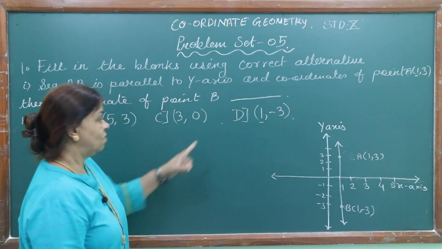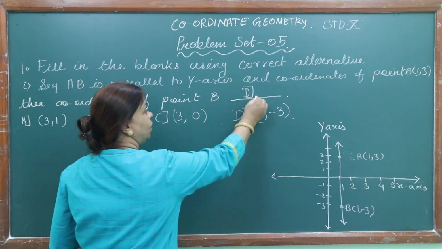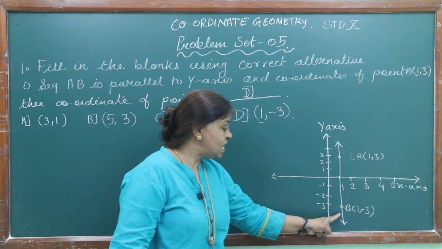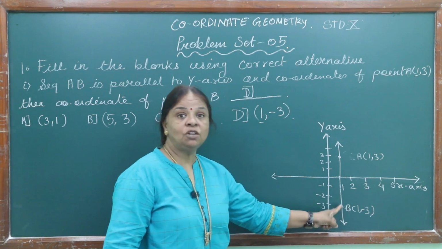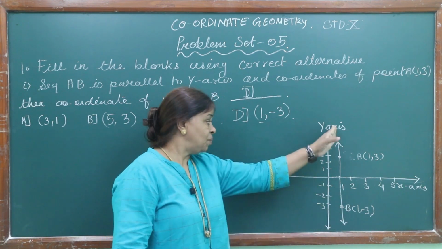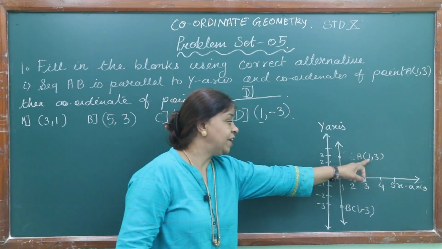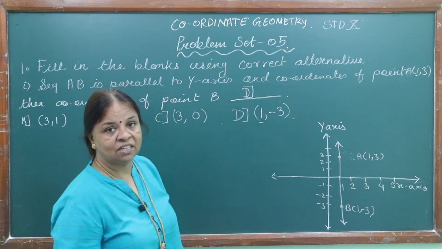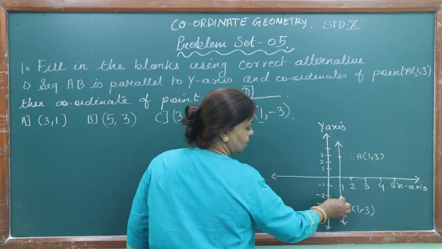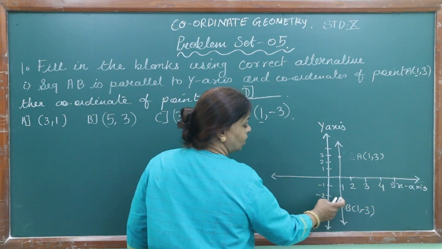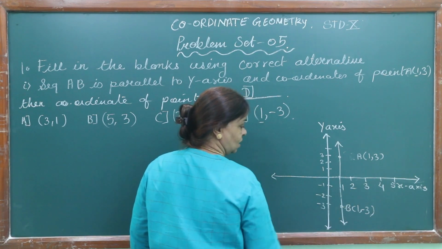See children, why did we choose option D? Because point B is on this line and the line is parallel to the y-axis, its x coordinate will always be 1. Anywhere it can be. Suppose it is here, then it will be (1, -2). Here, (1, -1).